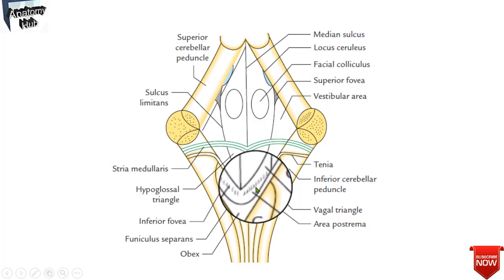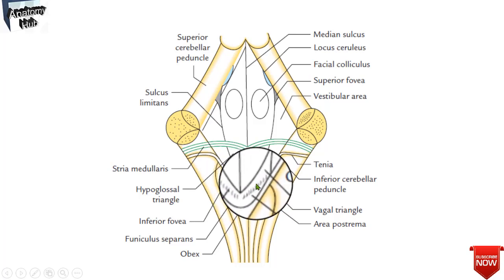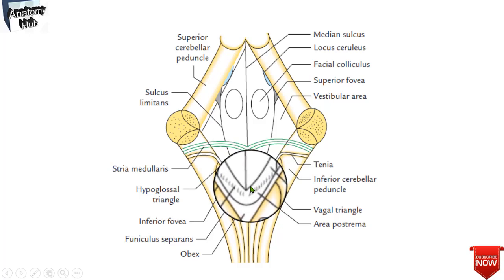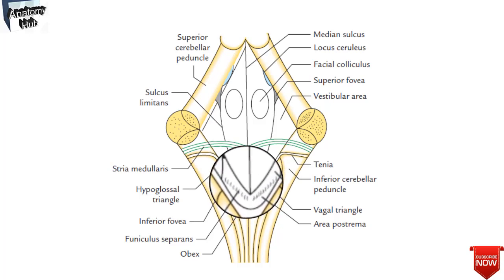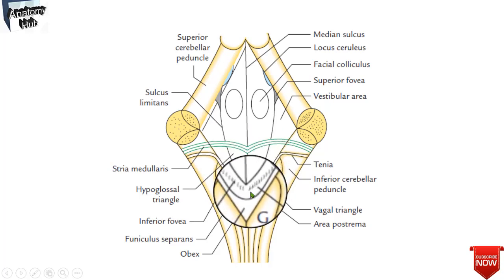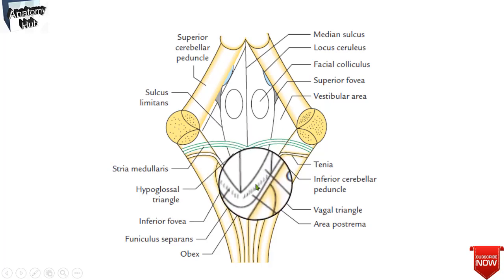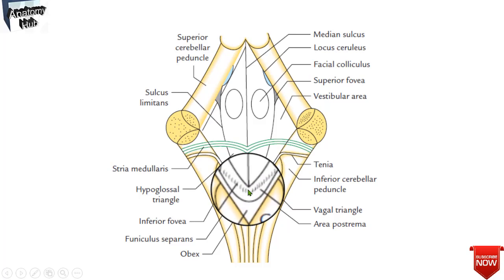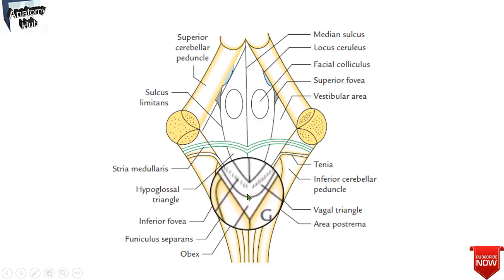Finally, each inferolateral margin of the ventricle is marked by a narrow white ridge, the taenia. The right and left taenia meet at the inferior angle of the floor to form a small fold.